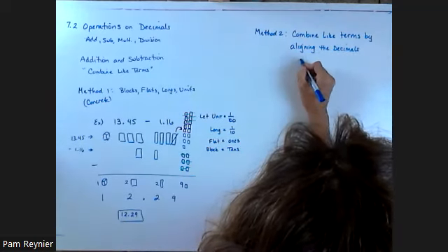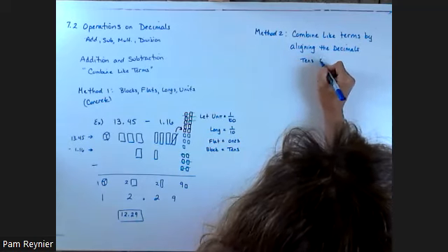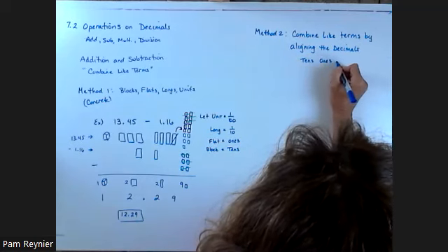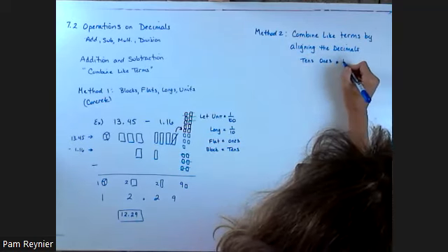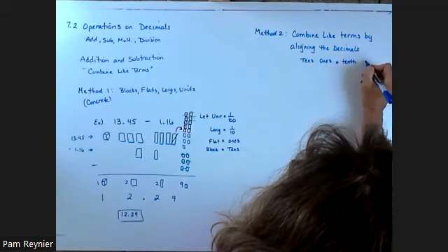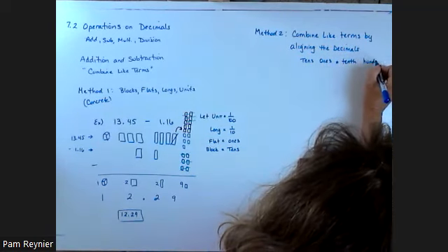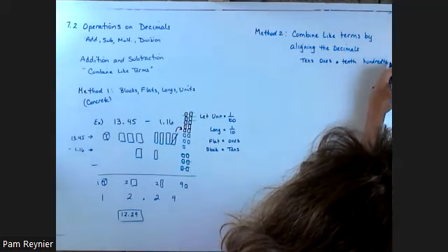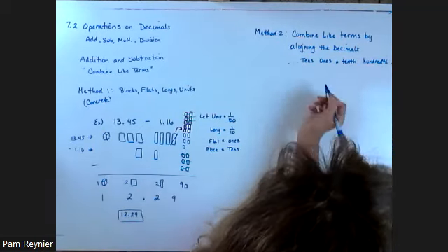That way, you have your tens, you have your ones column, you have your decimal, then you have your 10th column, you have your 100th column, etc. in both directions.